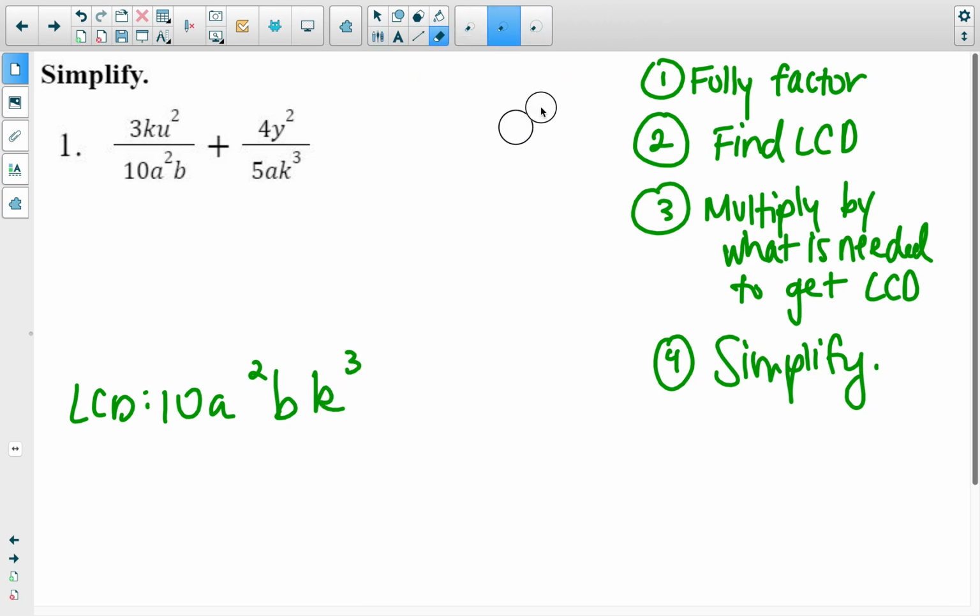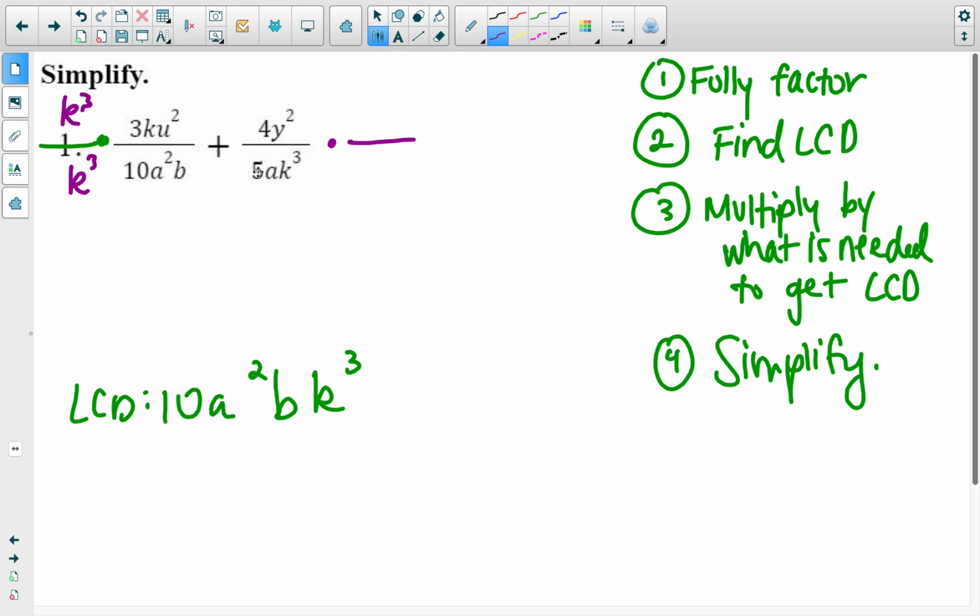Okay, and then now we're going to ask ourselves, what do we need to multiply each fraction by in order to get that common denominator? Okay, so 10a squared b, we already have a 10. We already have an a squared, we already have a b, so we just need to multiply this fraction by k to the third over itself.